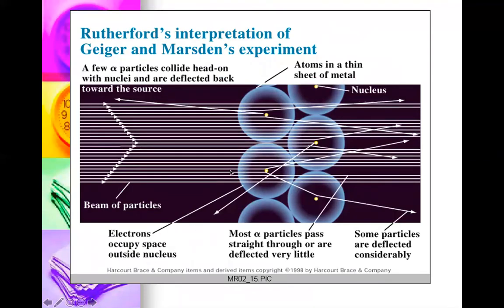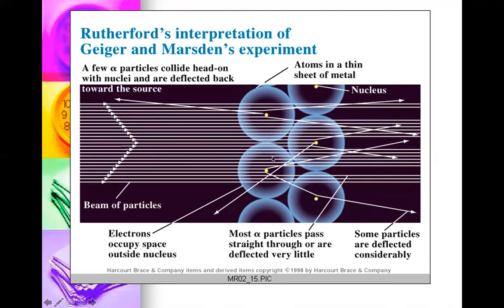These are again diagrams showing the observation and the conclusion from the observation. This is very important for you to understand. Again, most of the alpha particles pass through because atoms are mostly empty spaces. The structure of the atom consists of empty spaces.